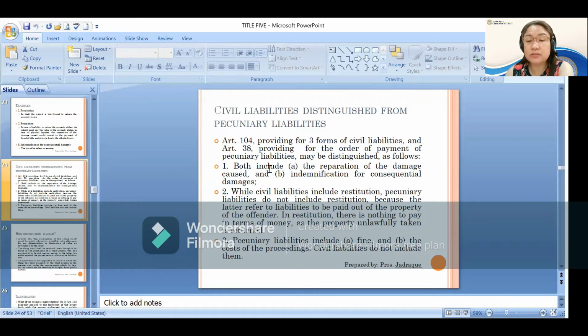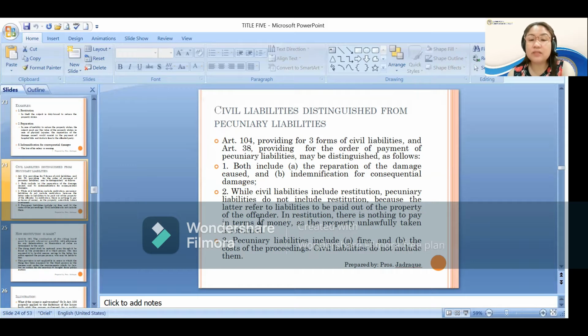Both actually include reparation of the damage caused and indemnification for consequential damages. While civil liabilities include restitution, pecuniary liability do not include restitution because the latter refers to liabilities to be paid out of the property of the offender. In restitution, there is nothing to pay in terms of money because it is the property itself unlawfully taken that has to be returned by the offender to the offended party.